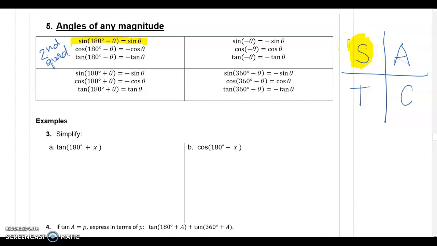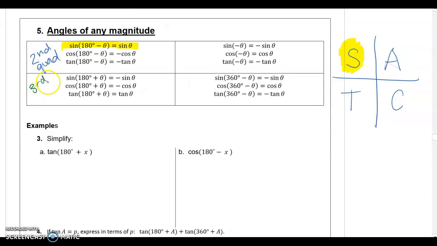We move on to the third quadrant, the one below it. It's just restating what we learnt last lesson as well. We were always relating to an angle theta, or our acute angle, that is 180 plus. So we're going around, we're 180 plus theta, but we're trying to find our acute angle.